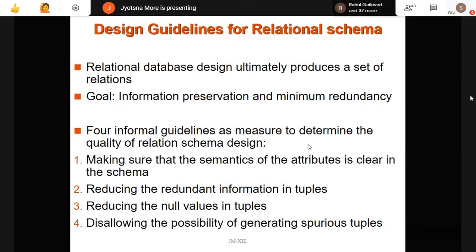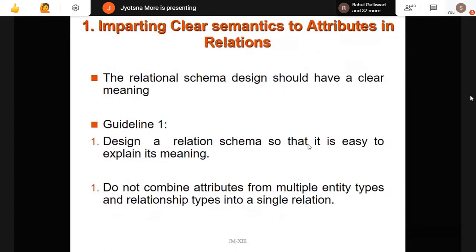So the theory question. The first one, imparting clear semantics to attributes in relation. So what is that? Basically, whatever attributes we are adding in our relations or tables, see to it that you are using the proper name for that attribute, so that it is easy to understand.